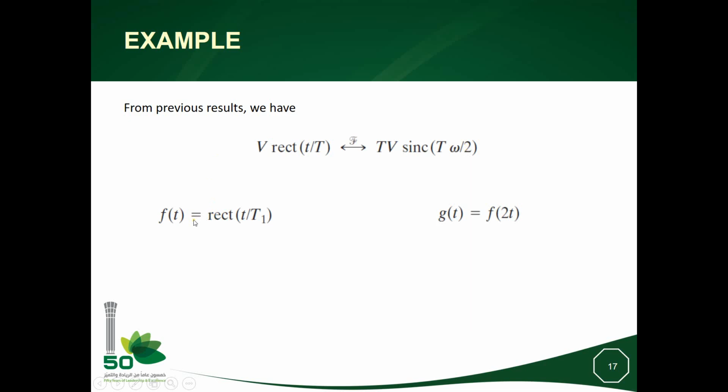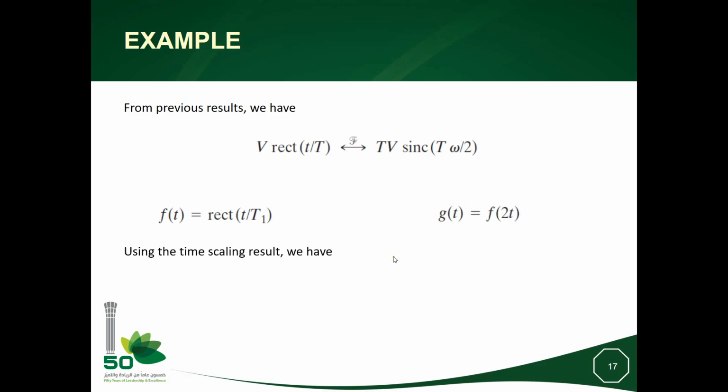So we are in the special case of f(t) where v is equal to 1 and capital T is equal to T1. We would like to get the Fourier transform of g(t) as a function of the Fourier transform of f(t). So we are interested in getting the Fourier transform of f(2t), knowing the Fourier transform of f(t).